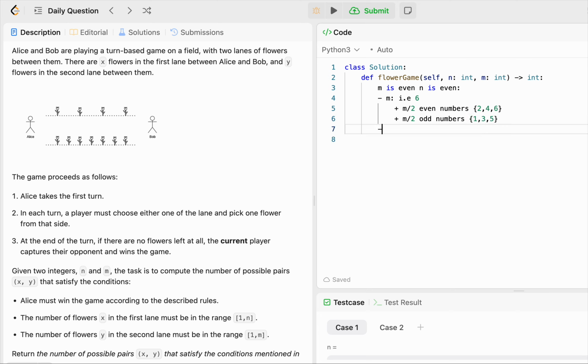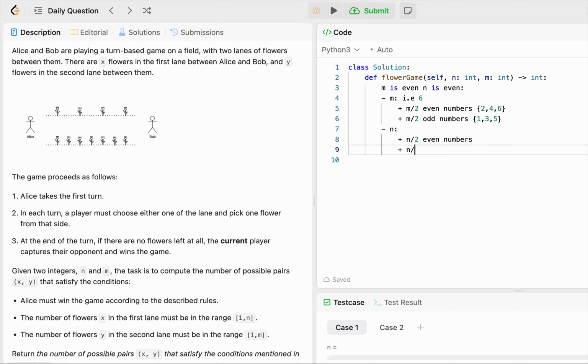Okay, so how about the n? The n will share the same thing because it's also an even number. So we have n by 2 even numbers, and we also have n by 2 odd numbers, right? So what is the result for it in this case?